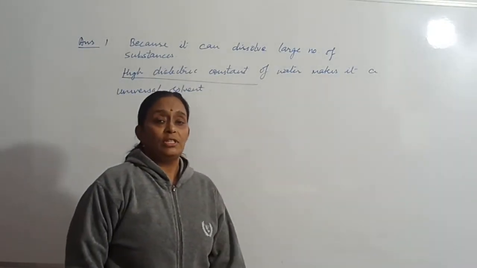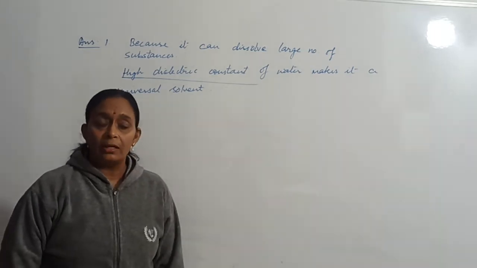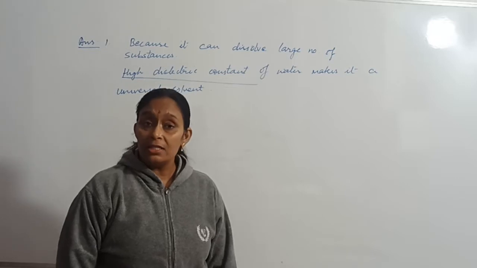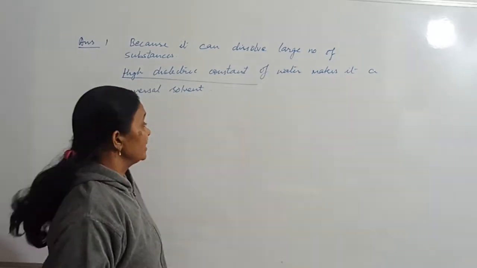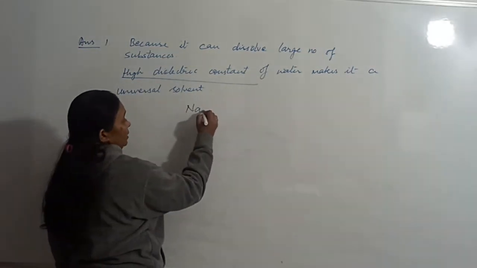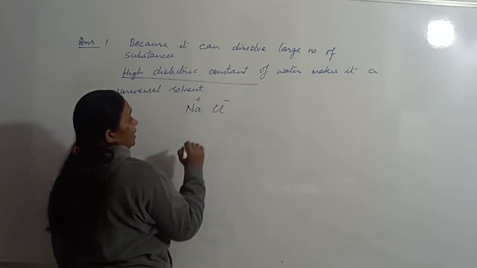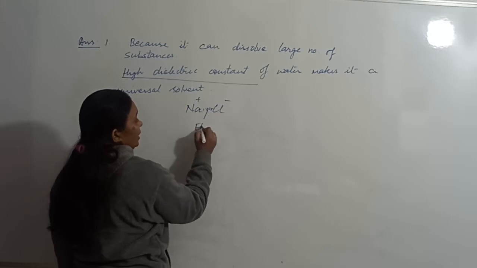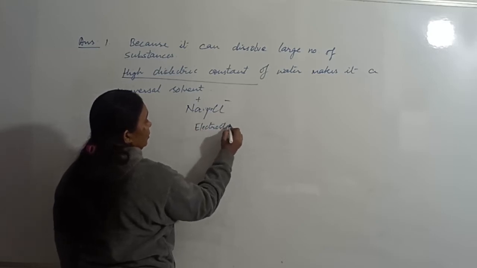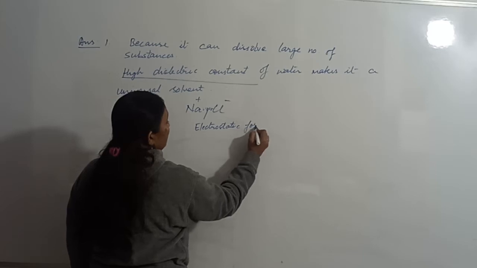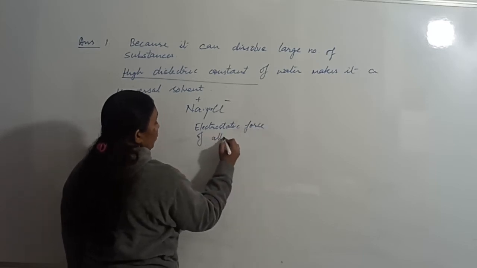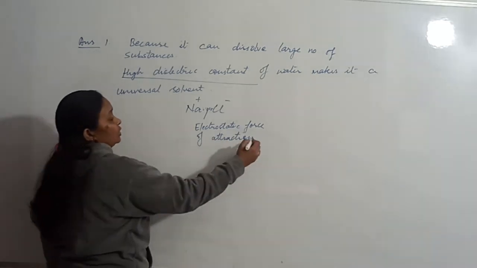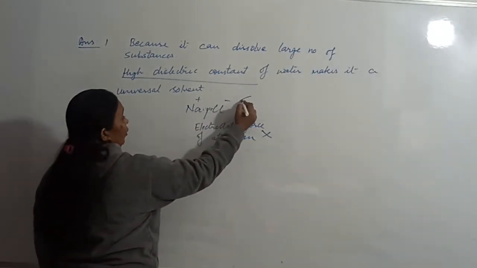See, dielectric constant means the ability to break the electrostatic force of attraction between ions of any compound. For example, suppose you have sodium chloride. It has Na+ and Cl- ions which have a strong electrostatic force of attraction. So when NaCl is added to water, this electrostatic force of attraction is broken by water.